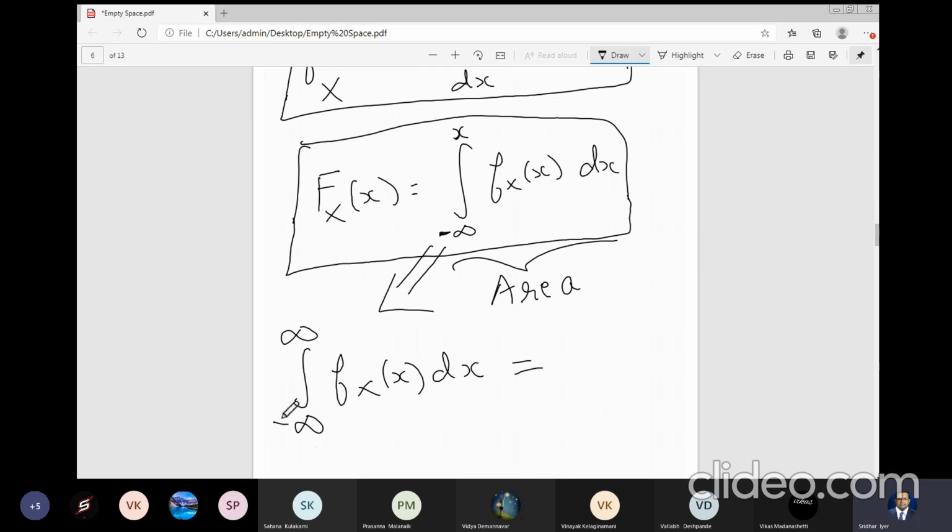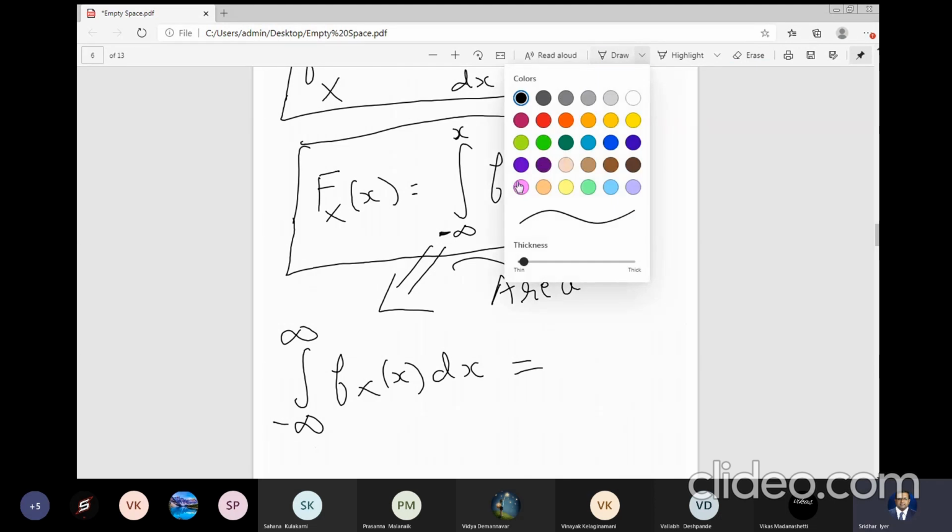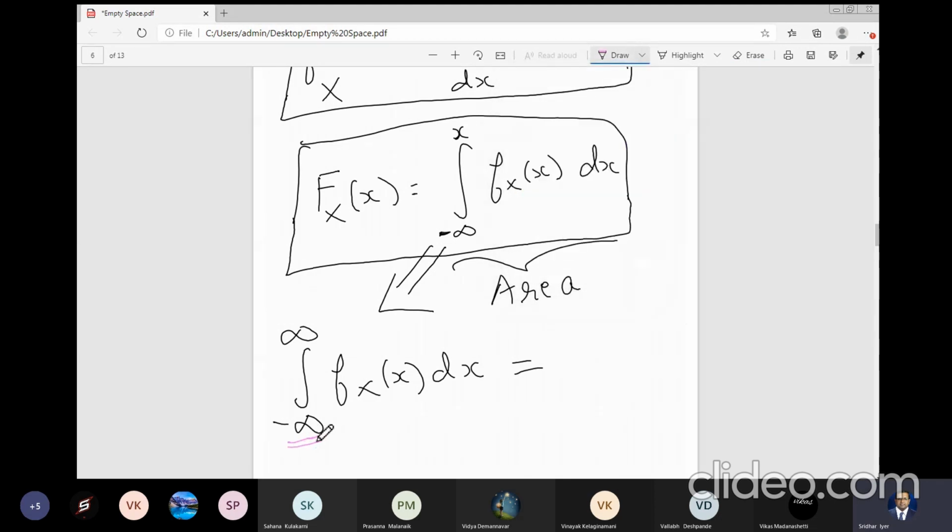The lower limit, minus infinity, denotes I'm starting the experiment. The highest value, which we had put as x, I have just stated it as infinity, which means that I've completed all the experiments. And then I'm using an integral. That means I'm summating all those values, right? So when I summate all those values between not conducting an experiment and conducting all the experiments, what should be the value?